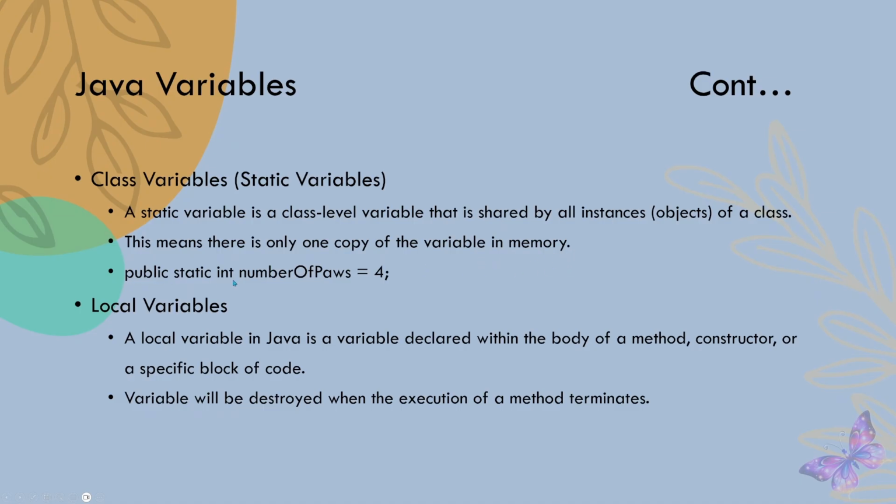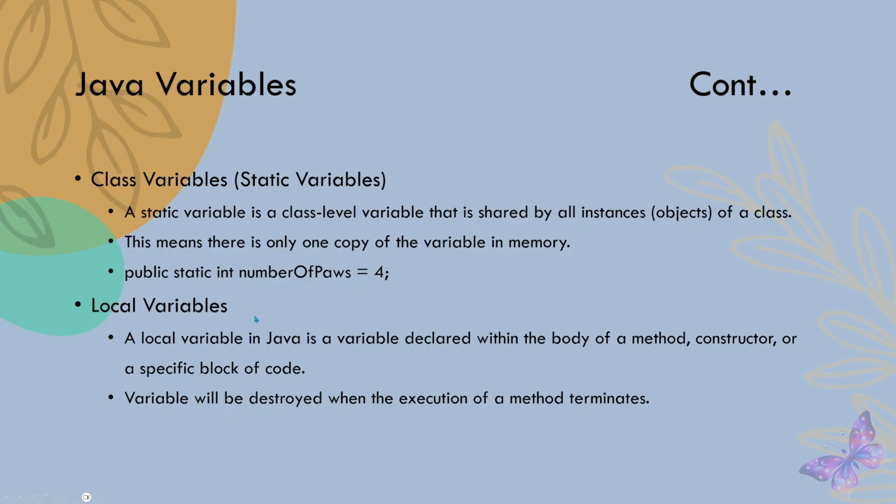We define class variables this way: public, then the keyword static, so it is a class variable, then the type integer and the name of the variable, number of poles. You can assign a value or just define it.